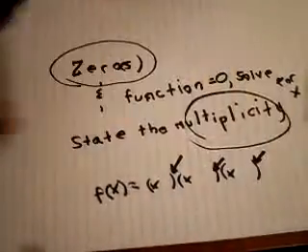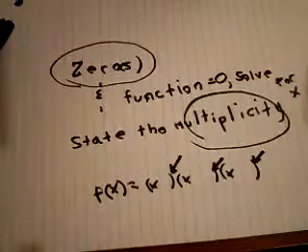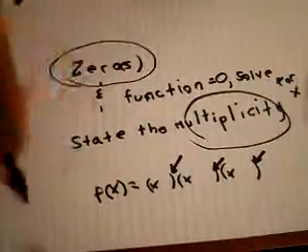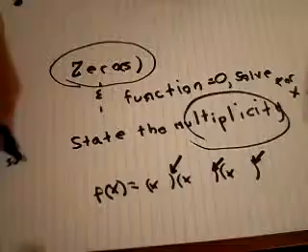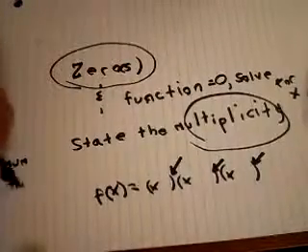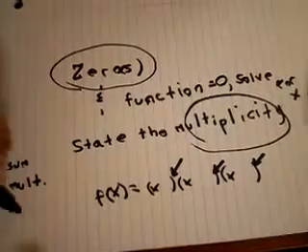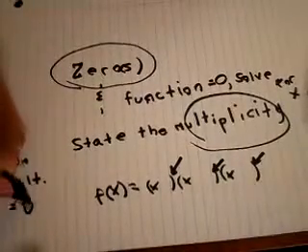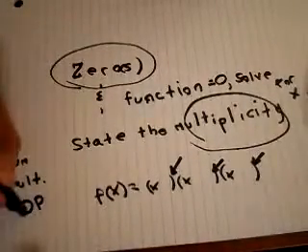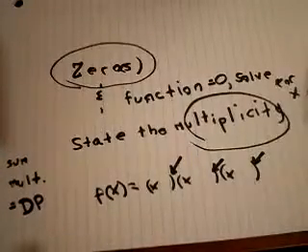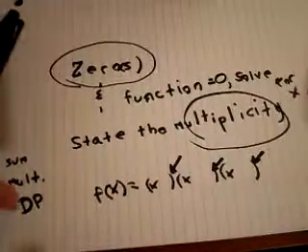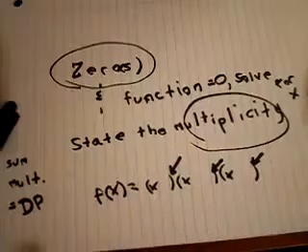When you sum up all of your multiplicities, they should be equal to the degree of your polynomial, which remember is the degree of your leading term.